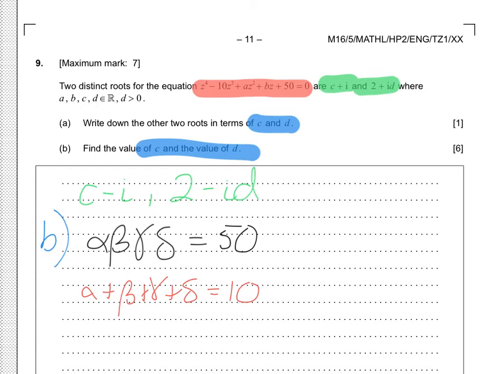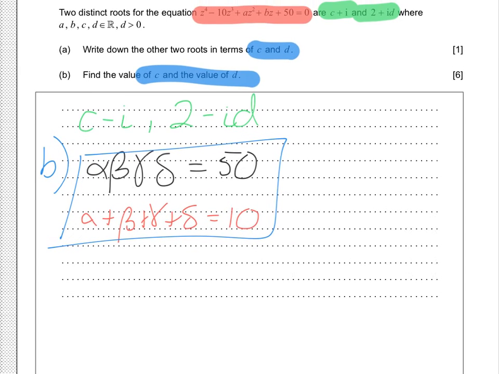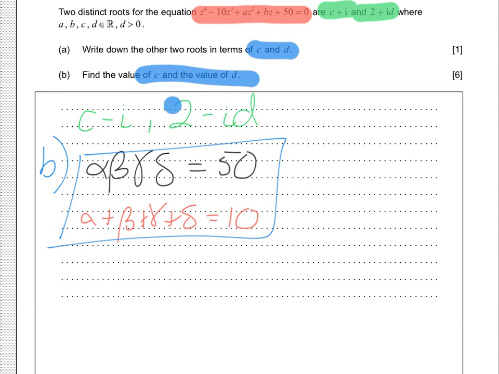Now, since we know the 4 roots in terms of C and D, we can set up 2 equations, 2 unknowns, we should be able to find them. But it actually turns out to be a little bit easier than that. You might have spotted, if you add 2 plus id and 2 minus id together, the D's are going to cancel out.